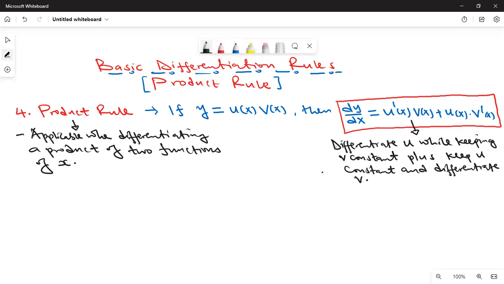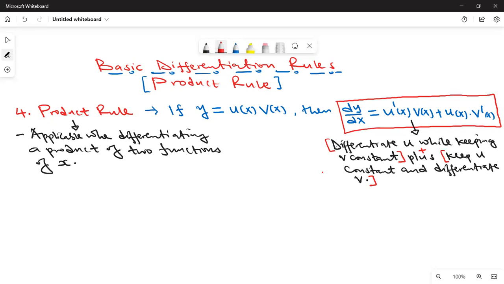That is what it means. The first part is you start by differentiating u while keeping v constant. The other part is keep u constant now, then differentiate v. Add them. The plus here means an addition. So that is what we mean by product rule.